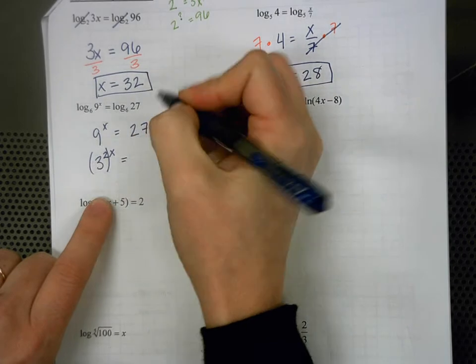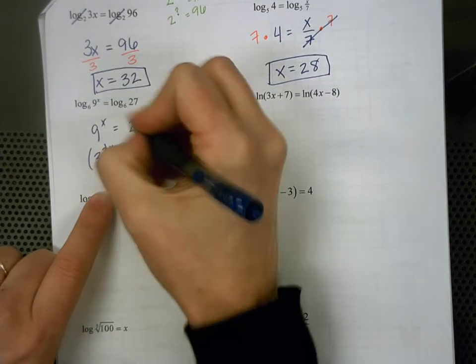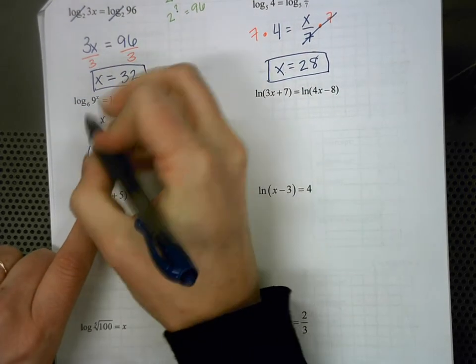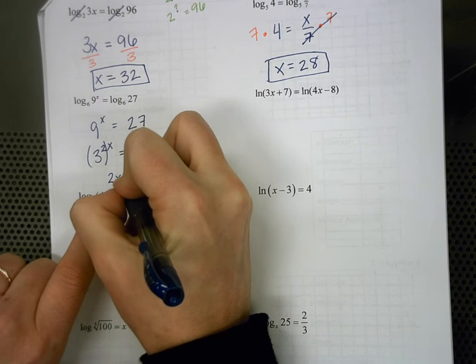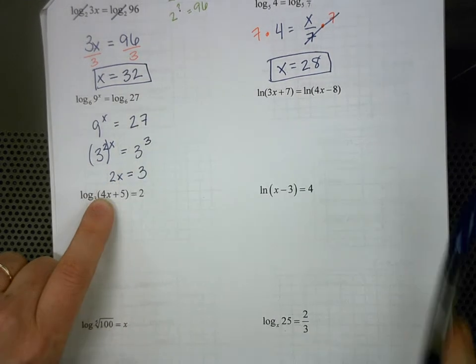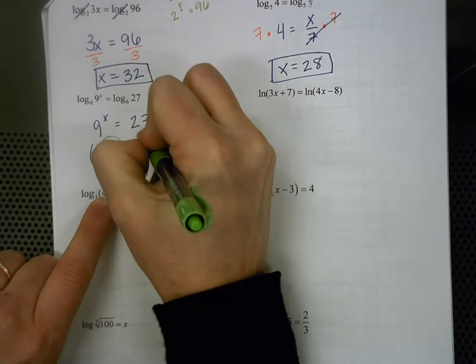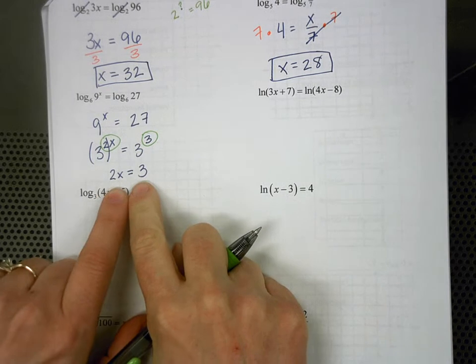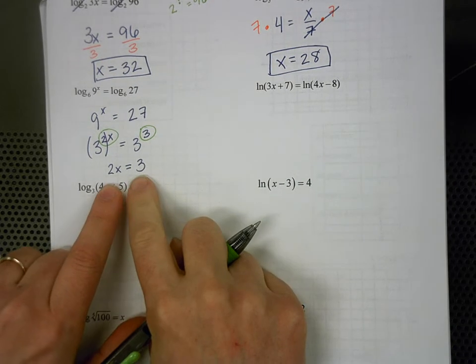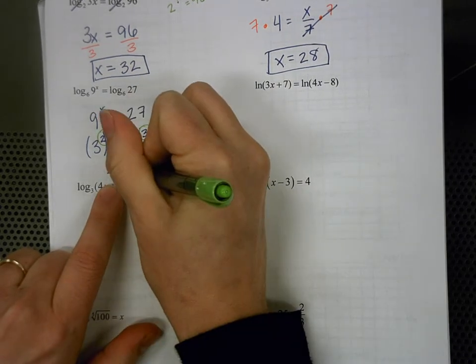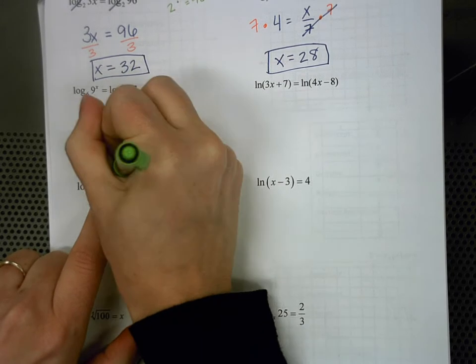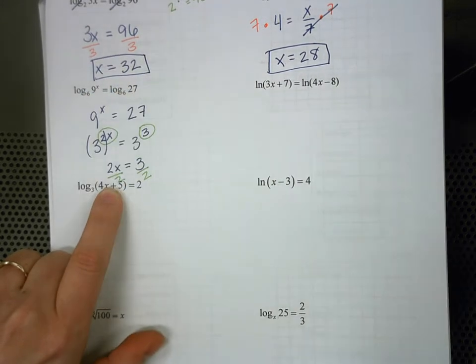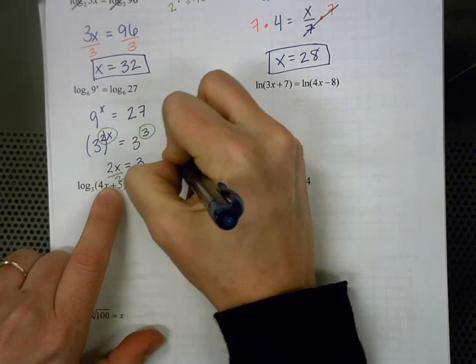And 27 is 3 to the 3rd power. So 2 times x equals 3. What did I do here? I set my exponents equal to each other. What am I going to do now? 2 times x equals 3, which means if I divide each side by 2, I get x equals 3 over 2.